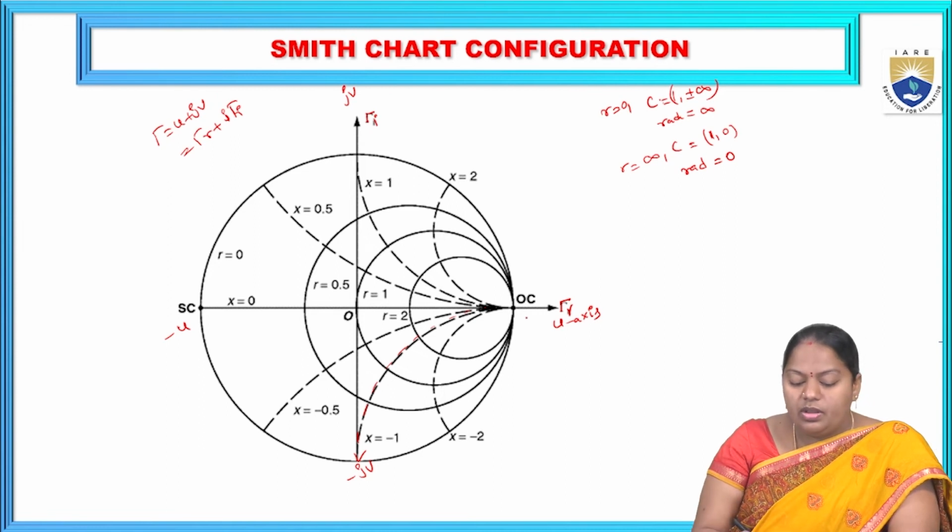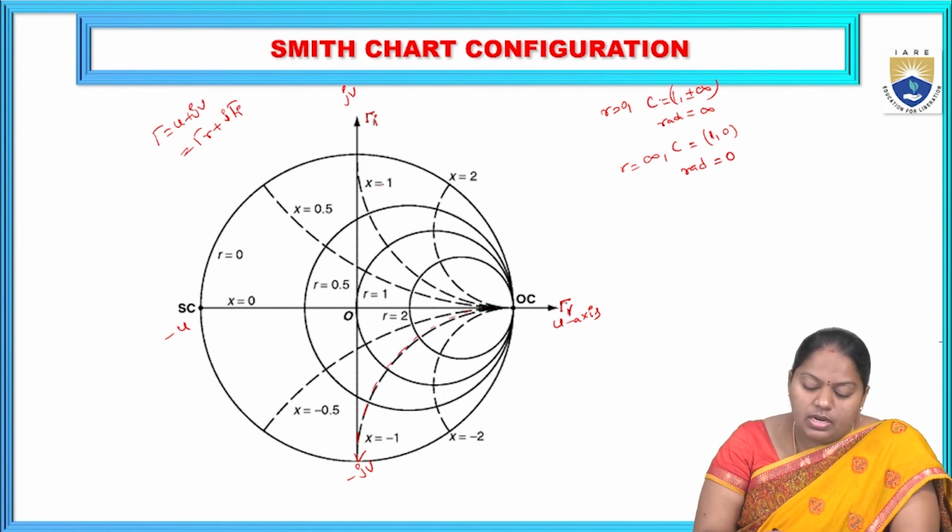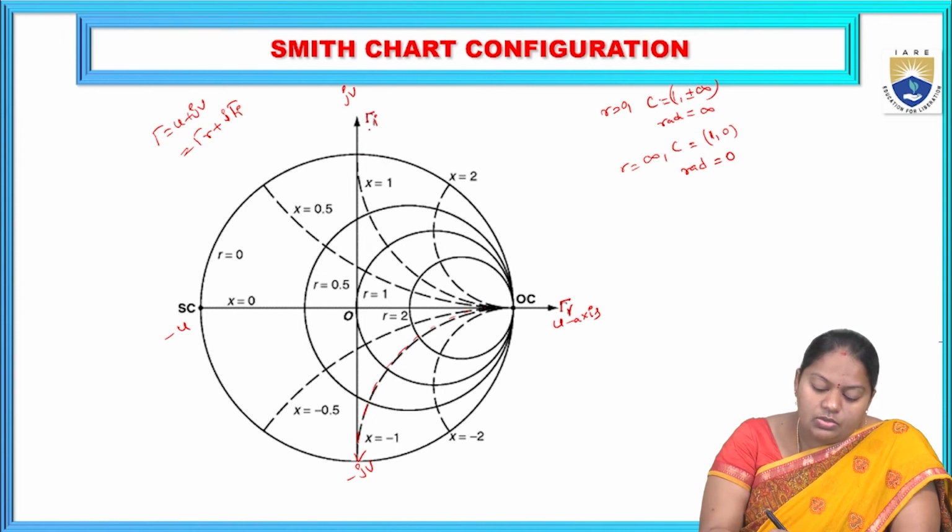Depending upon that, x equal to 1 means the constant reactance circle 1 will be represented towards the positive side, above the u axis, and for minus 1 it will be this arc below.